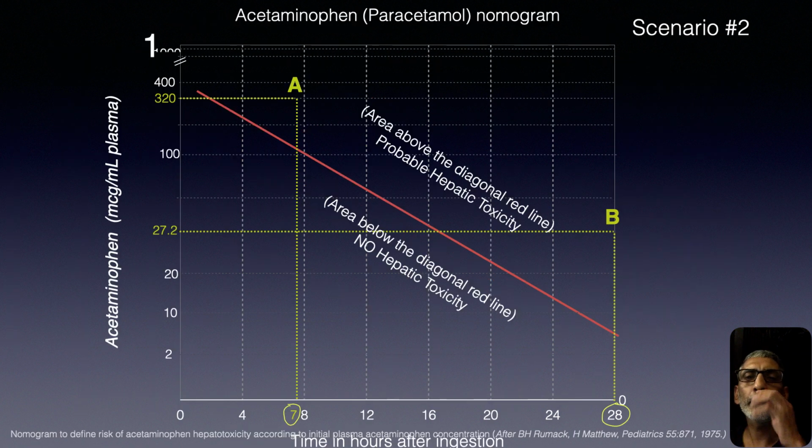Now the second scenario. For this patient, the first serum acetaminophen concentration, drawn at 7 hours after ingestion, came out to be 320 microgram.